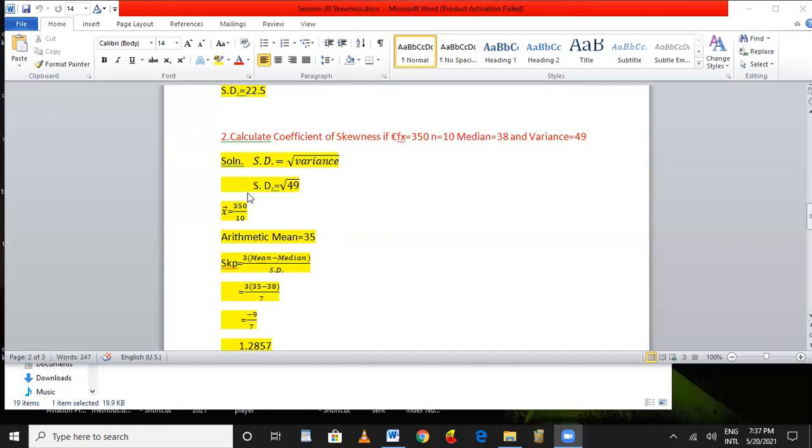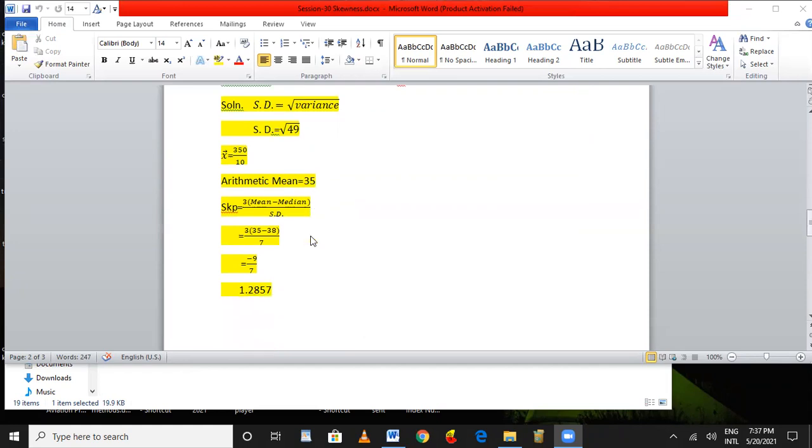In the same way, they have not given the value for the arithmetic mean. However, they have given sigma fx as 350 and number of items 10. 350 divided by 10 comes to 35, so 35 is the arithmetic mean. Then 3 into (35 minus 38) divided by 7.